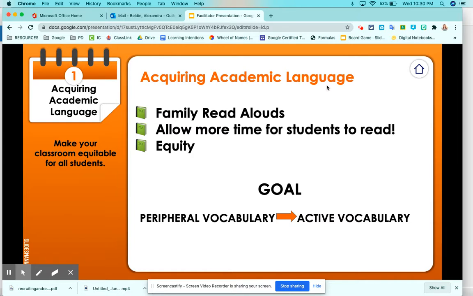They've heard their friends say it. They can identify the word when it's in context, but they aren't actively using it. They're not saying it in language. They're not writing it. So we want to transfer that peripheral vocabulary, those outside words, and make sure that we're turning it into active vocabulary for our students.